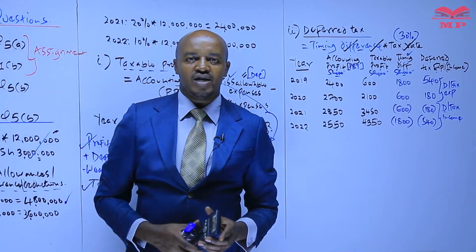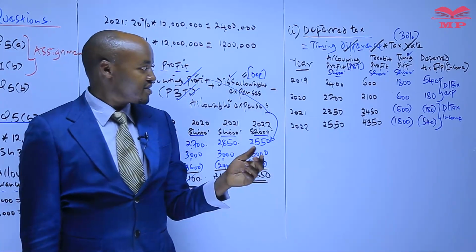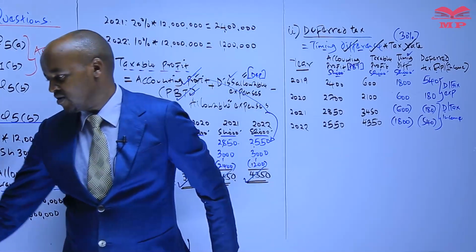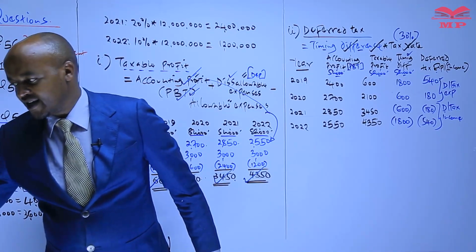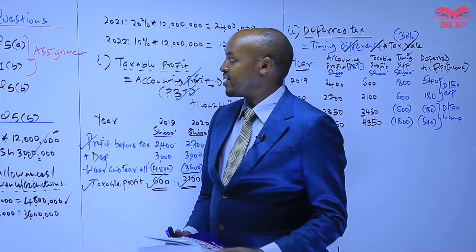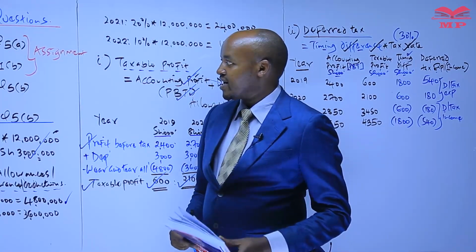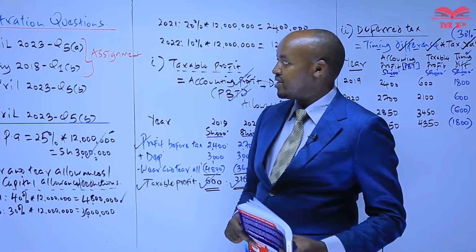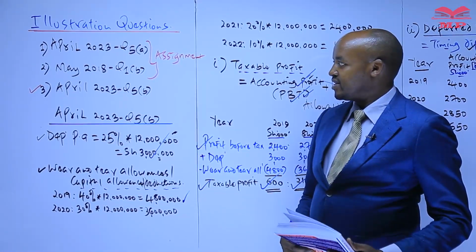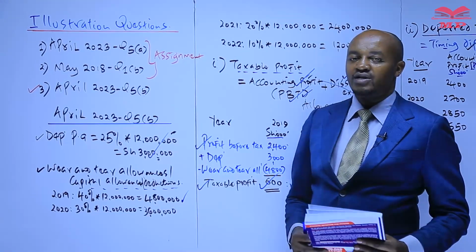So therefore, what was required as far as that question is concerned was the computation of the deferred tax, which I have said can either be a deferred tax income or a deferred tax expense. That is it as far as that particular small question is concerned. But equally, make sure you attempt the other questions: April 2023, question 5A, and May 2018, question 1B, which are theory questions.